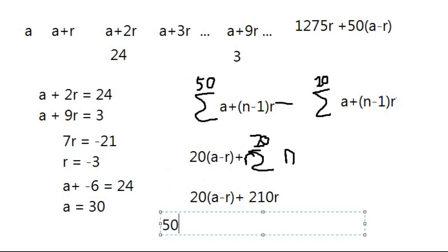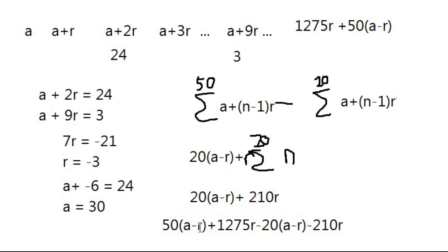So it is 50a minus r plus 1275r, minus 20ar, another minus because obviously this thing is one term, and so this is one term as well, 210 r's, and that will be our sum, and all we need to do is simplify this whole thing.